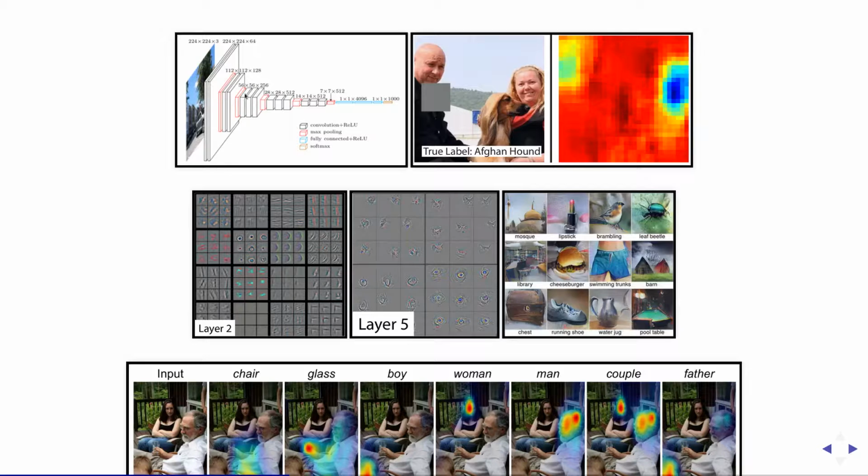As we go through the network, we successively reduce the width and height dimensionality, squashing it into what's called the channel dimension, until we end up with a 1D vector. In this case, the output of the network is 1D with 1,000 elements. Those 1,000 elements represent 1,000 different classes.